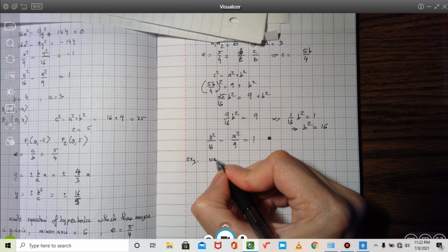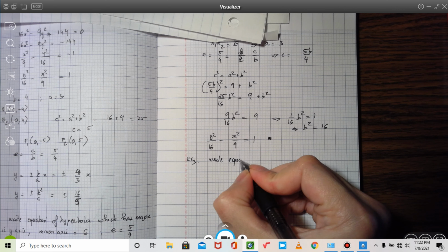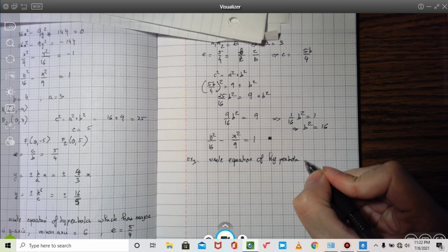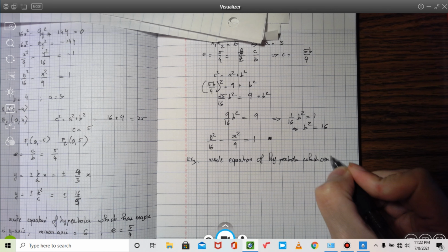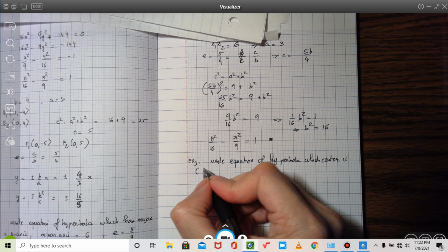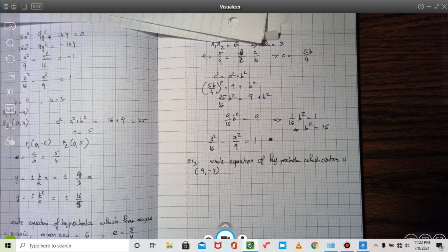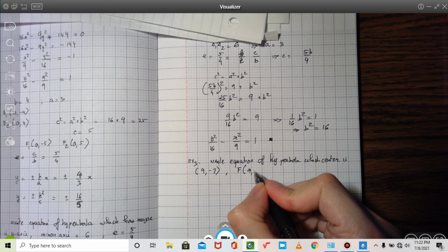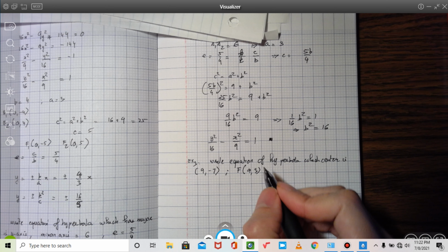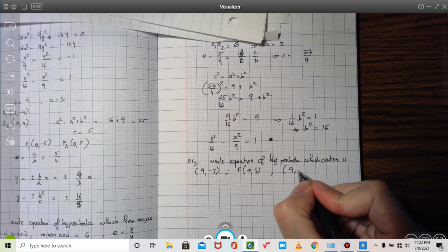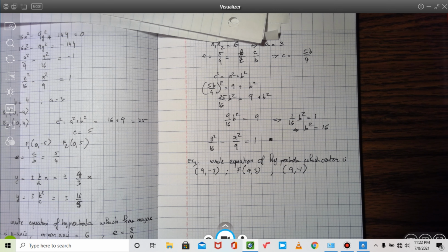Find the equation of the hyperbola whose center is (9, -7), and one of the foci is (9, 3), and one of the vertices is (9, -1). Okay, let's see if we can do this or not.